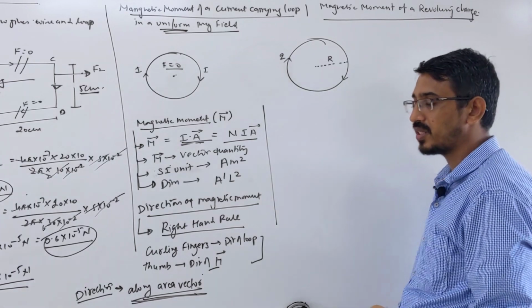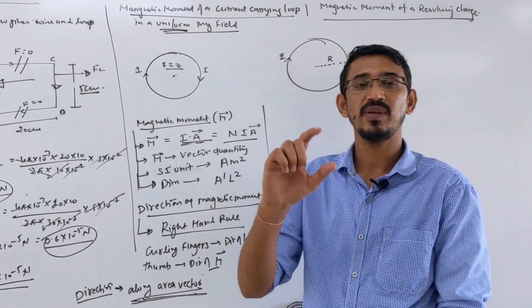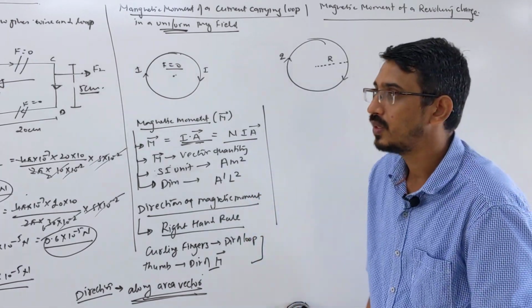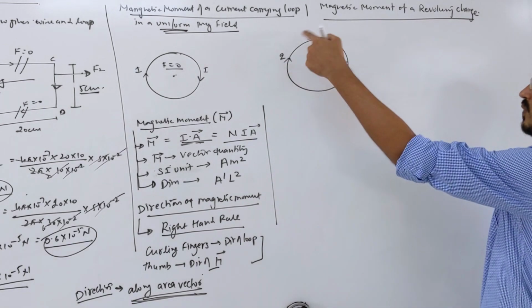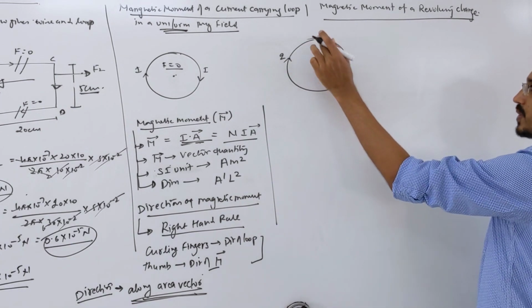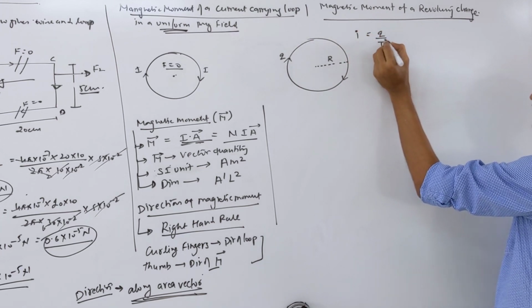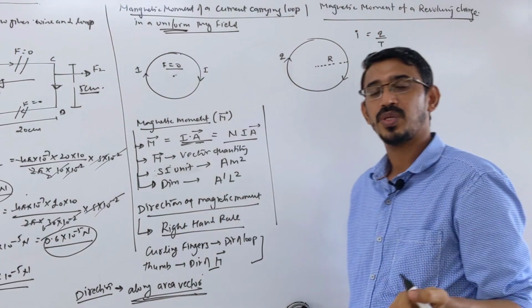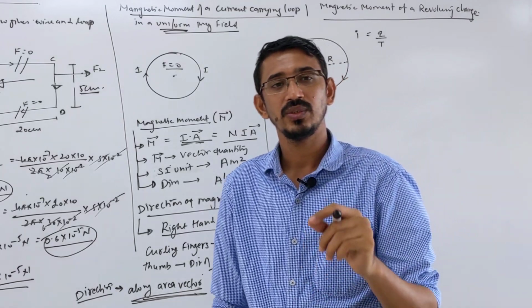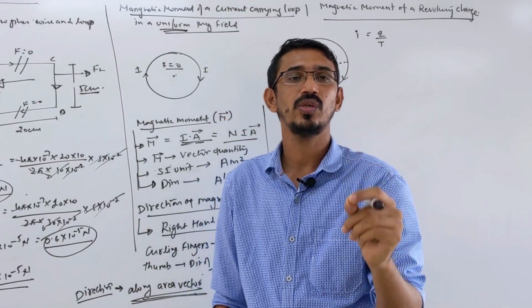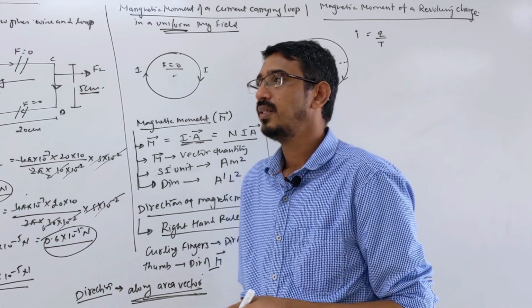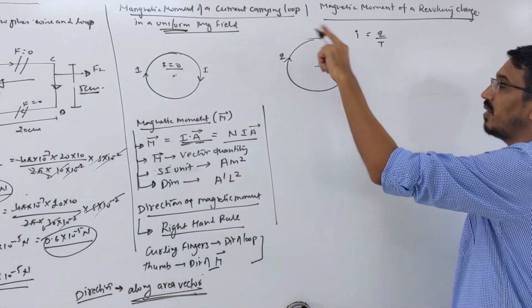So when charge is moving in a circular path, it behaves like some equivalent current. Already we know that when charge is moving in this path, it will produce some current. What is that current I? You can say q by T, right? Rate of flow of charge is called current. Here q is the charge, T is the time period of revolution.